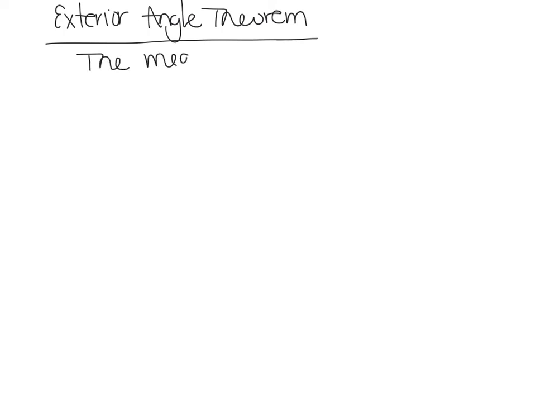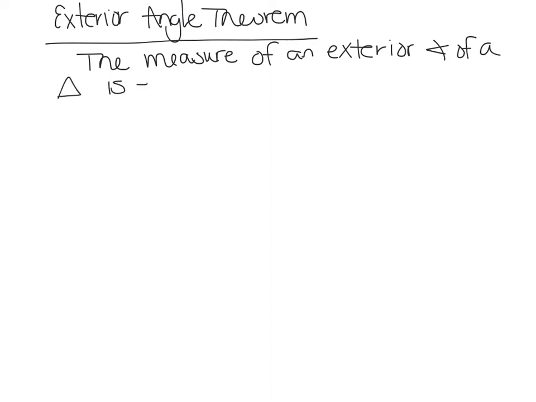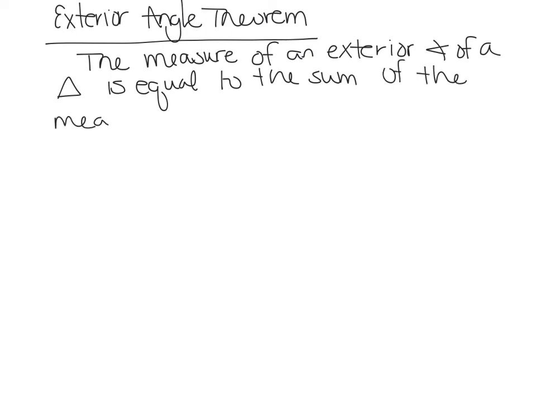The measure of an exterior angle of a triangle is equal to the sum of the measures of the remote interior angles.